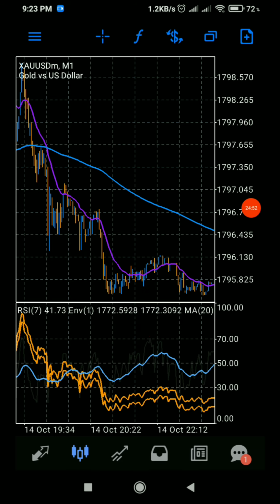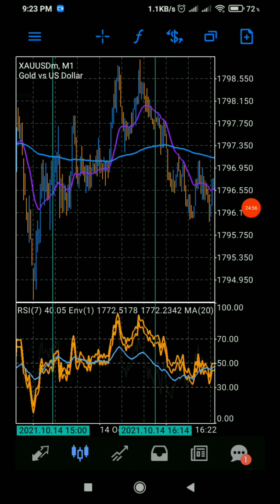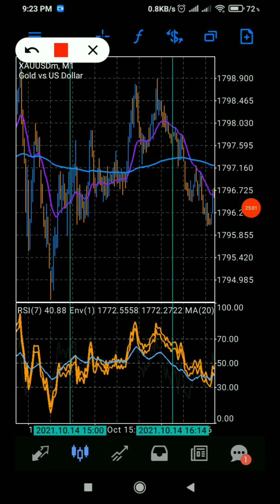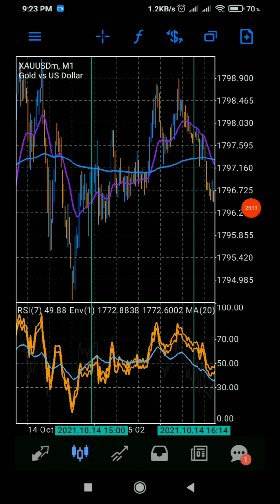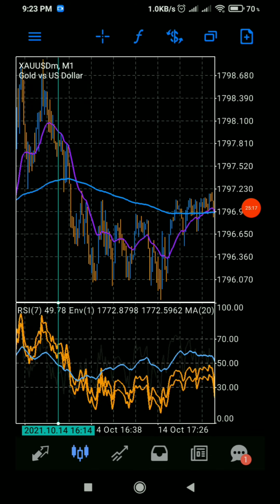Okay, let's check some other signals. Here it is a sharp edge, and here the blue crosses 50, so take a sell entry here.